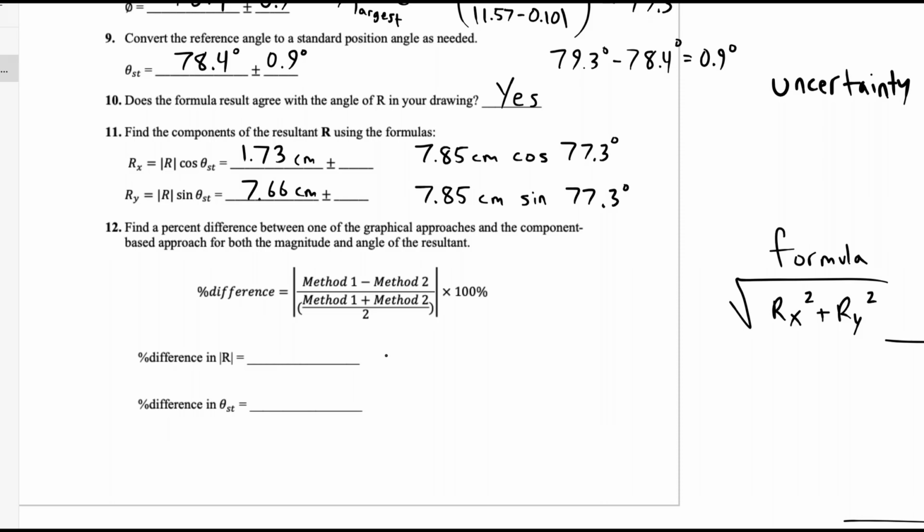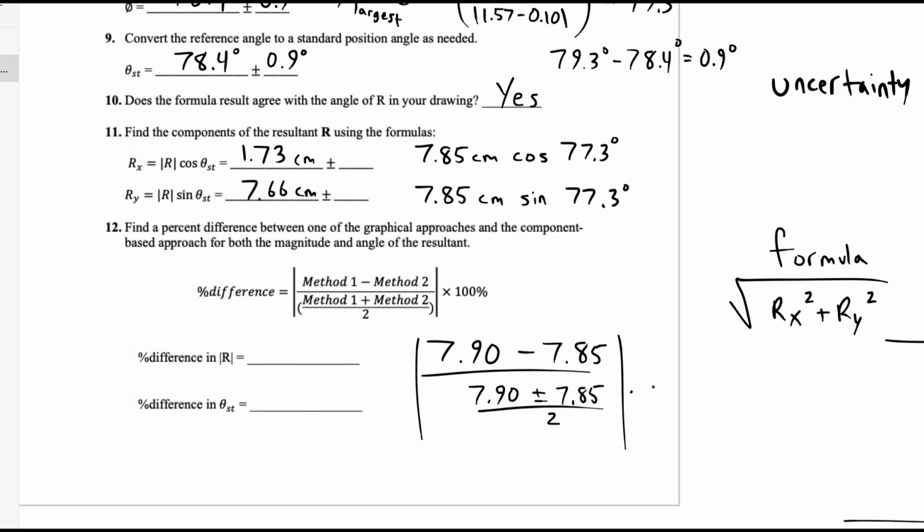So if I want to do a percent difference, what I would do is first subtract the two. So that was method 1 minus method 2. And then divide by an average of the two. Finally, we'll multiply by 100% to get the percent difference, it's called. I get 0.6% difference for the magnitude.